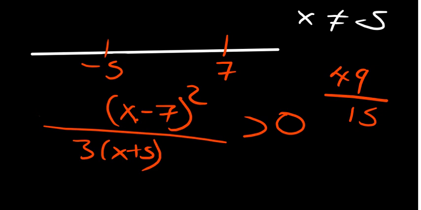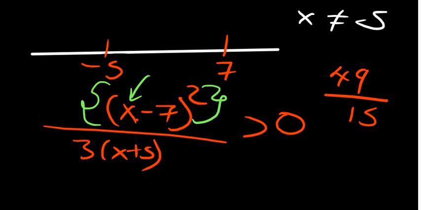But in this case, the numerator is not determining. Why? Because all the values that you're going to put at x on the numerator, whether you put a negative value or a positive value, you're still going to have a positive value. So it is not determining anything. What is determining the sign of a solution is what? The denominator. Are we together?